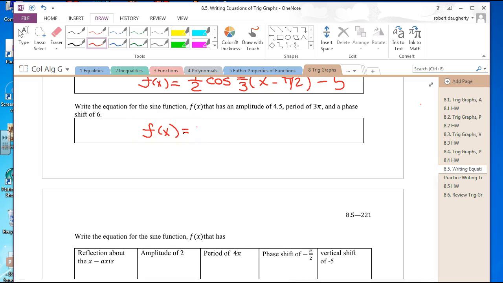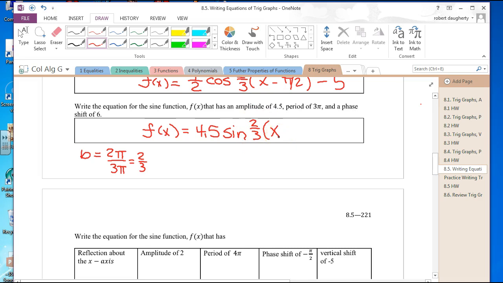The amplitude goes first. And then what kind of trig function is this? Sine. The period is 3 pi. So how do I figure out B? B is 2 pi divided by 3 pi, which is 2/3 again. So this is 2/3.